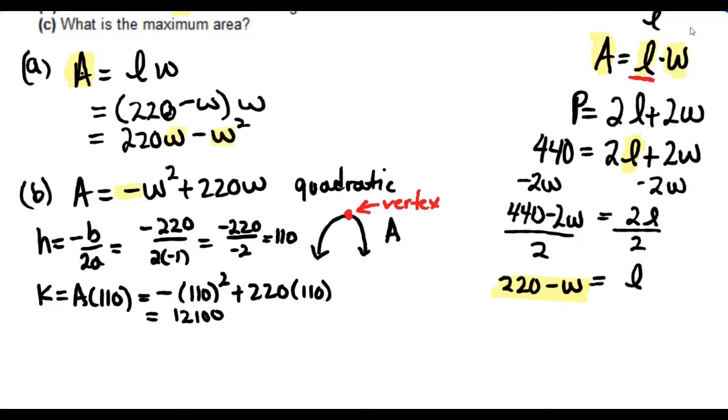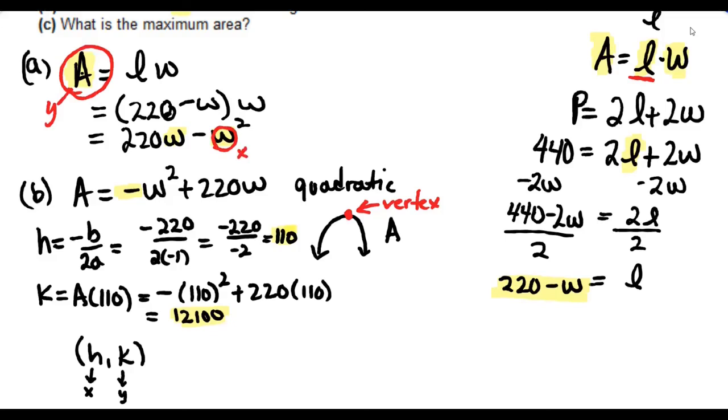Now just to pay attention, we've got two numbers here for the h and for the k. We want to make sure we know what those numbers mean. Typically in an ordered pair, (h, k), the h stands for the x and the k stands for the y. In our equation, we don't have x and y. We have A for the y part and w for the x part.